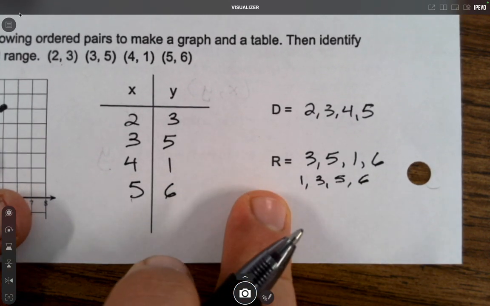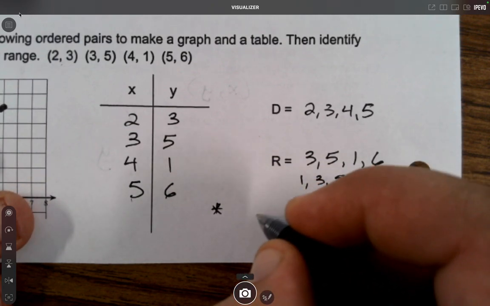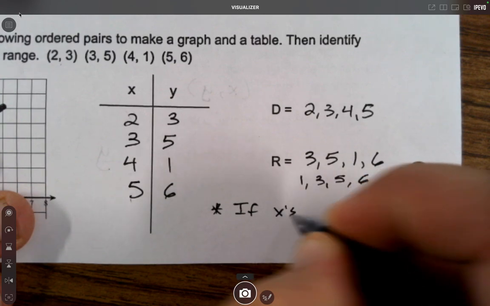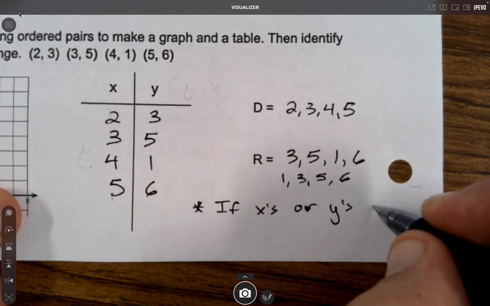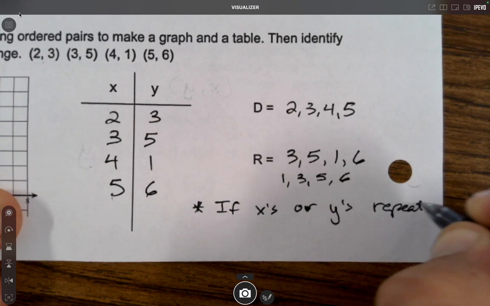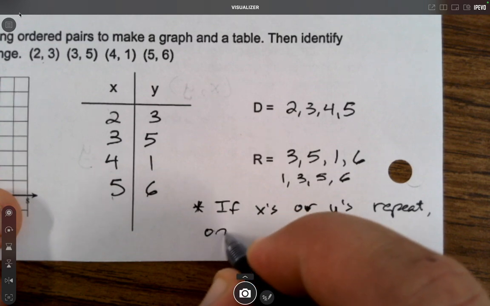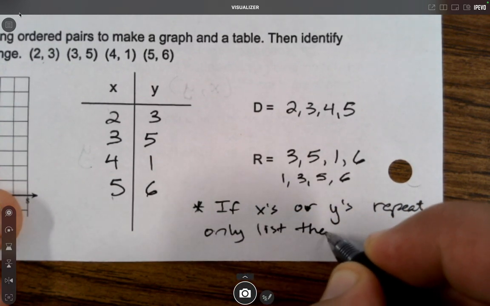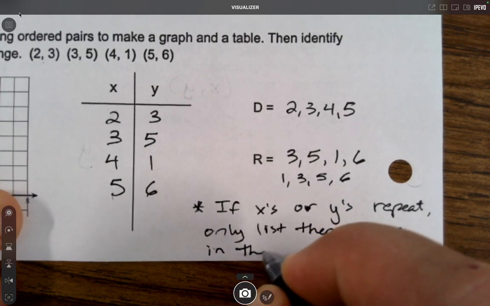And one other thing, when you're writing a domain or range, you need to make sure you're aware of this. If x's or y's repeat, only list them once in the domain and range.